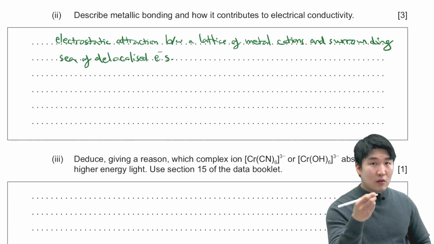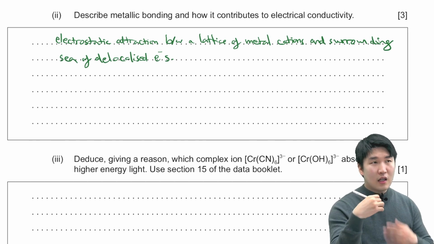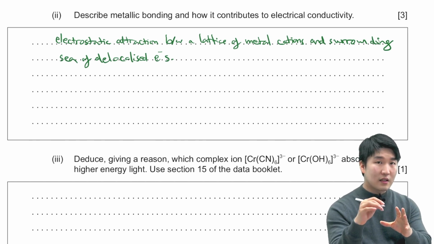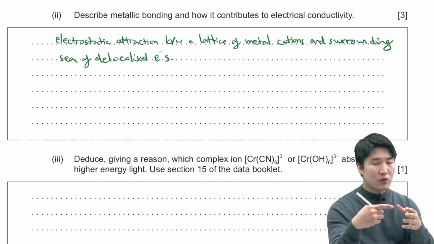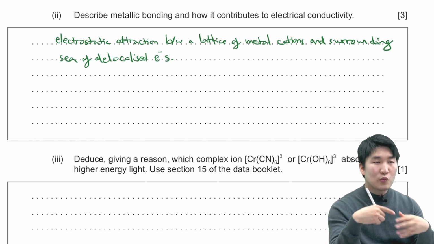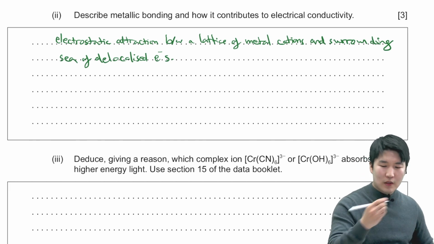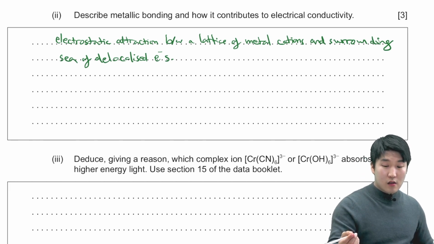What's special about the delocalized electrons? They can freely move across the lattice, meaning the movement of negatively charged electrons lead to production of electricity.